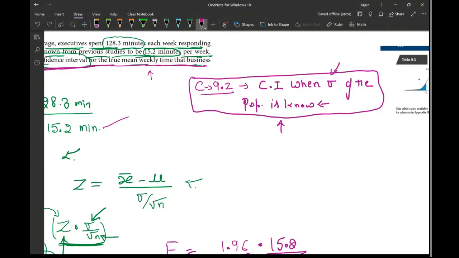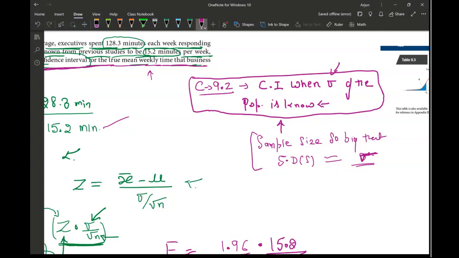In that scenario, what happens is the sample size is so big that you can assume that the standard deviation you got from the sample is approximately the same as the standard deviation of the population.